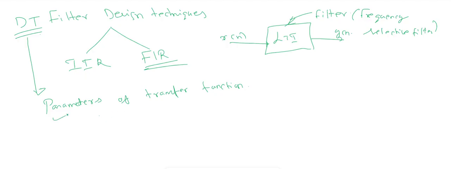So the parameters of the transfer function approximate the desired impulse response, or you can say frequency response, within the specified tolerances.